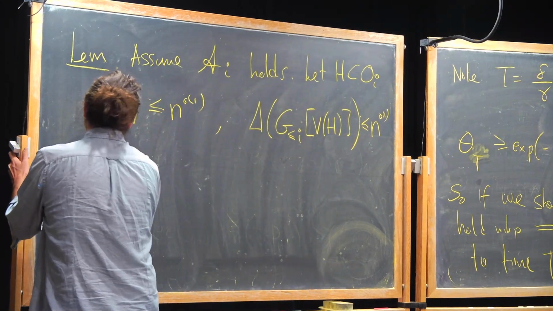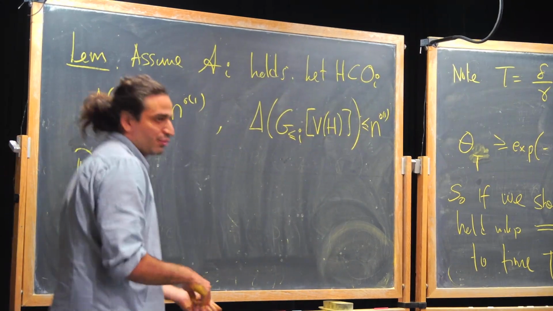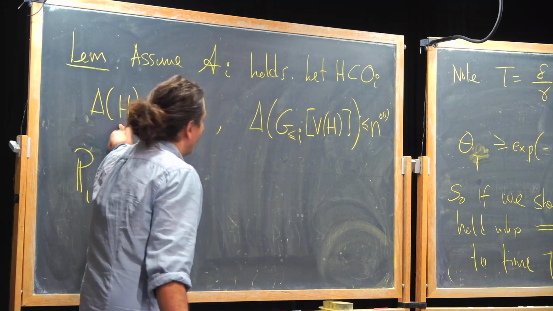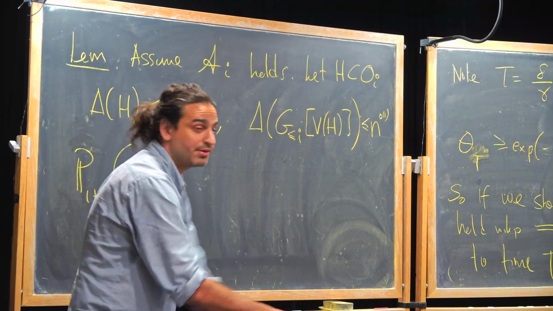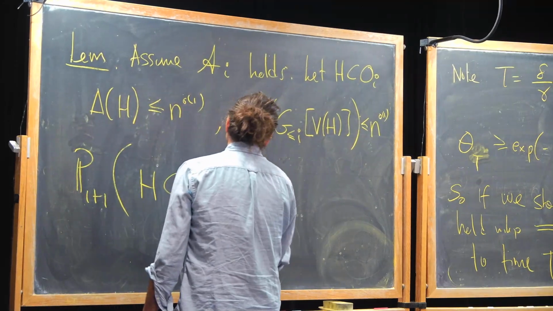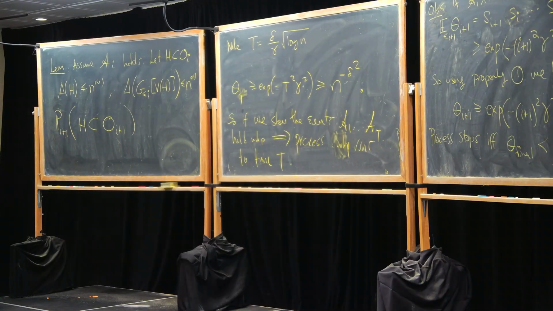OK, so now I'm going to throw down my next step. I'm going to ask the question, what's the probability all of H survives into the next round? So what's your guess for this number? The survival probability is this S sub I plus 1.